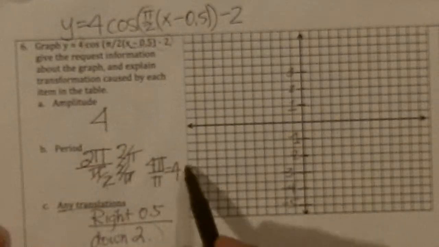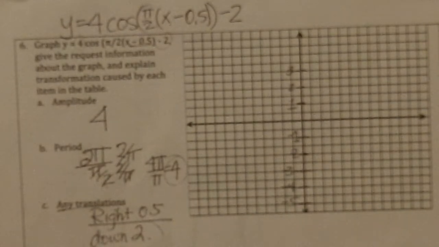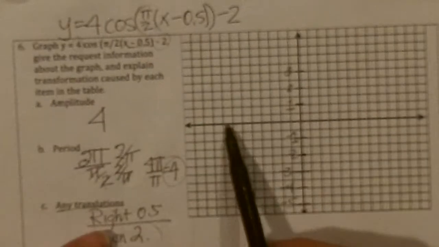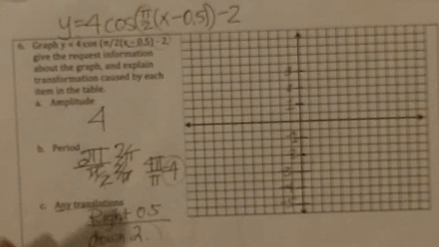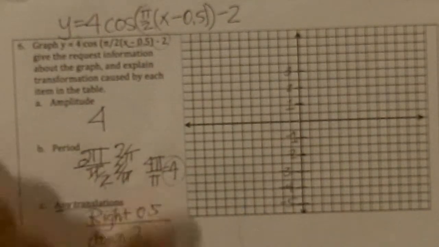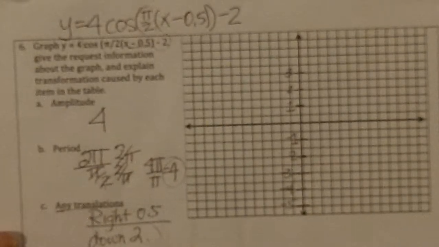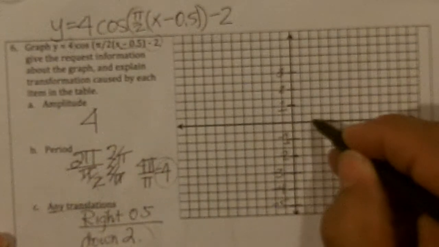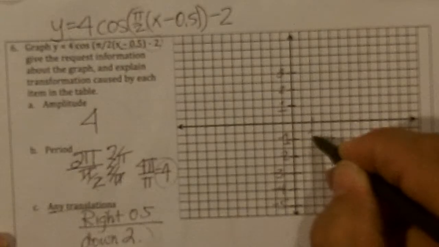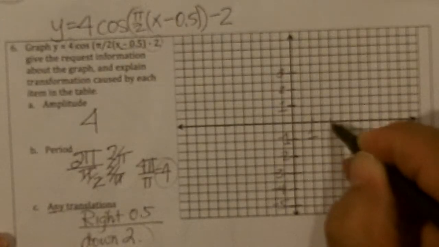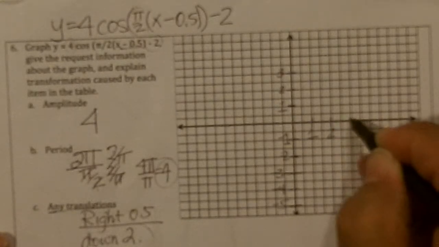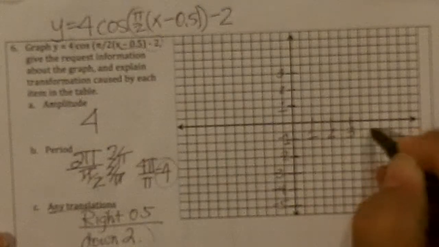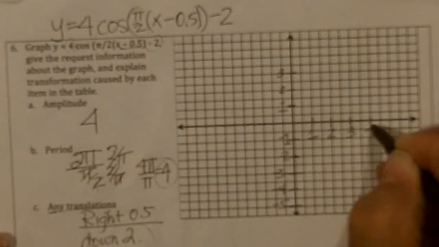The period is 4, so we shouldn't be marking off horizontally by pi's. It's supposed to be by 4 units. So I'm going to go by 2's again. There's 1, there's 2, 2 more squares is 3, 2 more squares is 4.